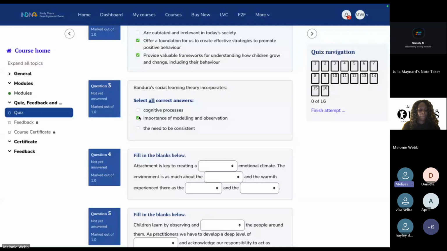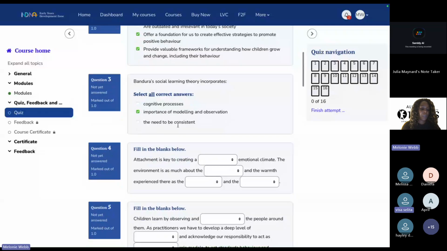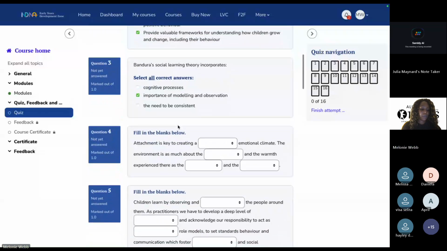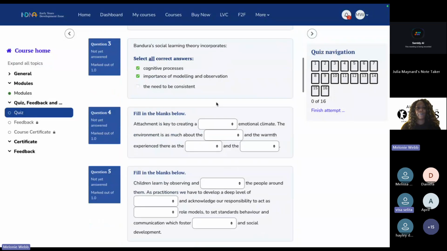Cognitive processes. Cognitive processes, so how the brain thinks. Happy with modeling and observation? Okay. Would you like to talk about cognitive processes? Yes, please. Okay. So it's not just behavior, but also how the brain thinks as well.